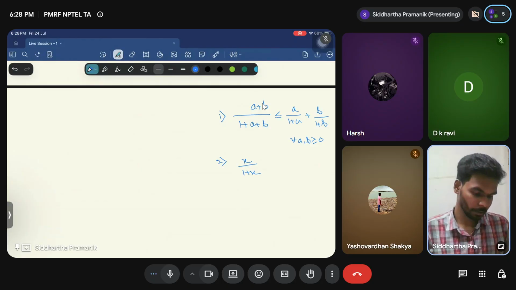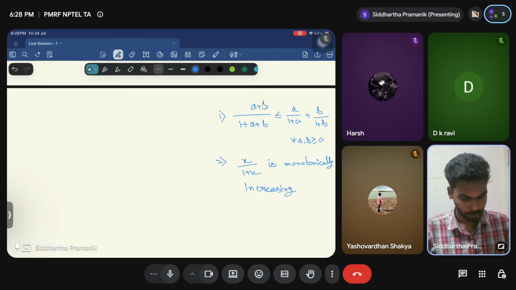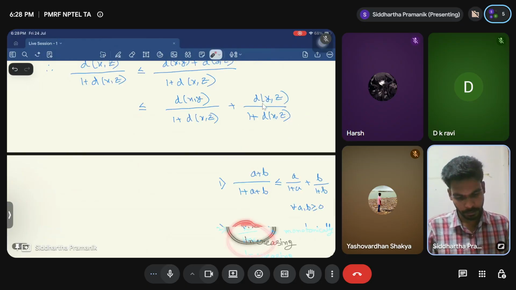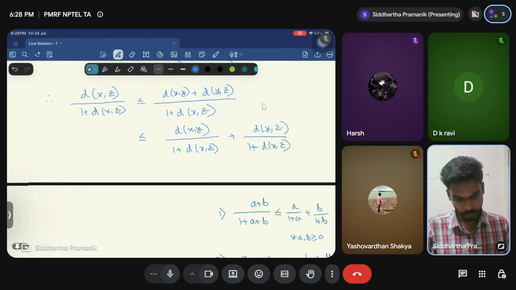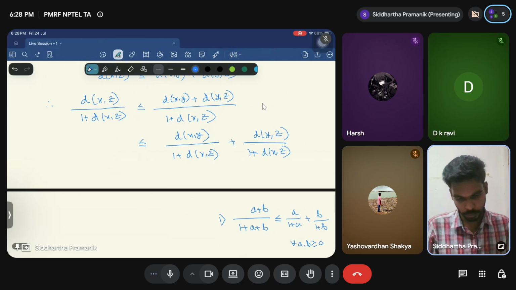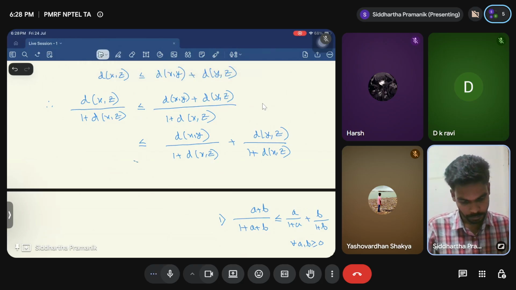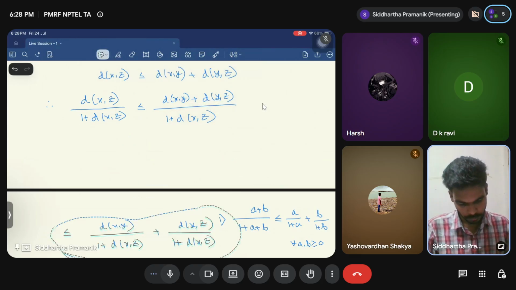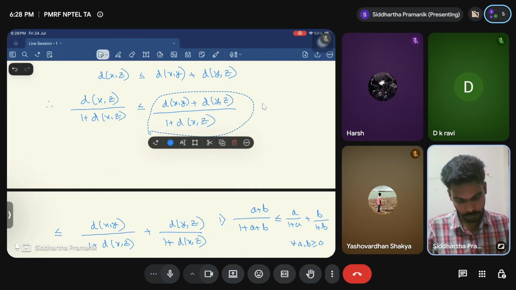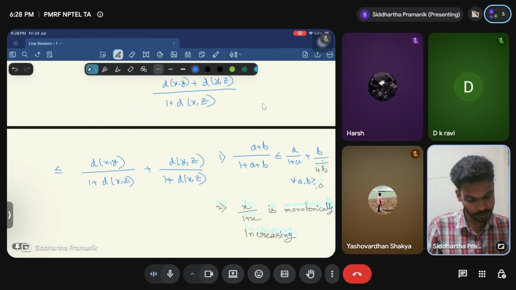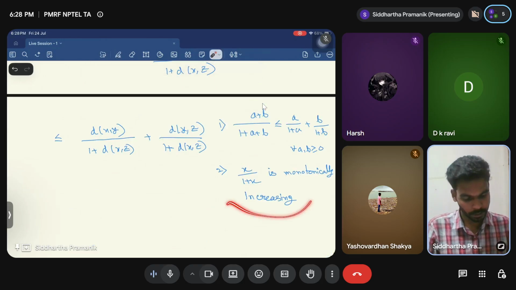This is non-decreasing, means it is monotonically increasing. So if we use this thing, then okay, I think I need to modify this one. Yeah, so let's use the monotonically increasing thing.